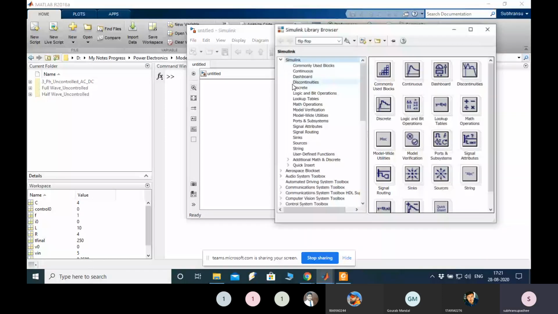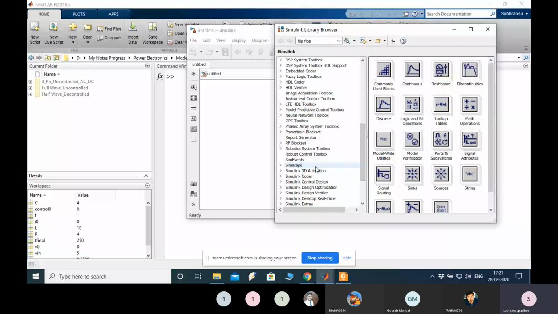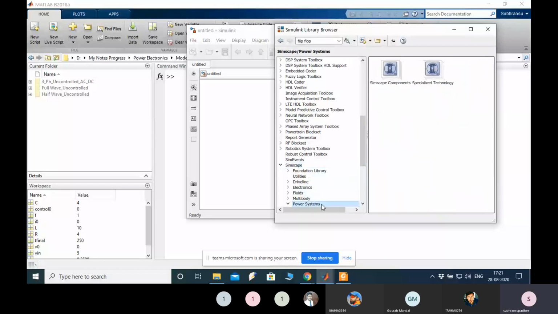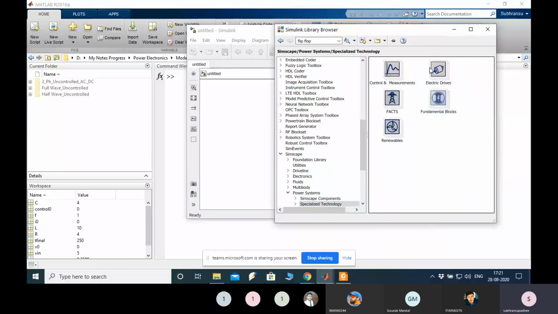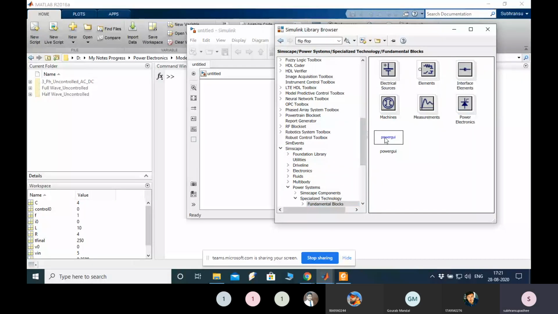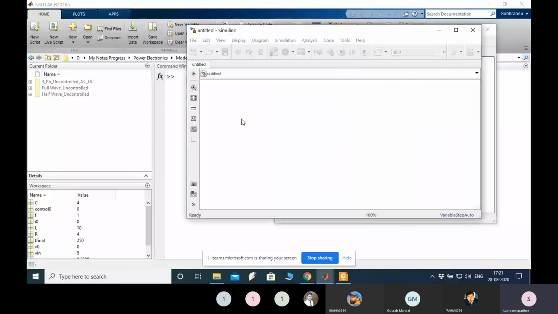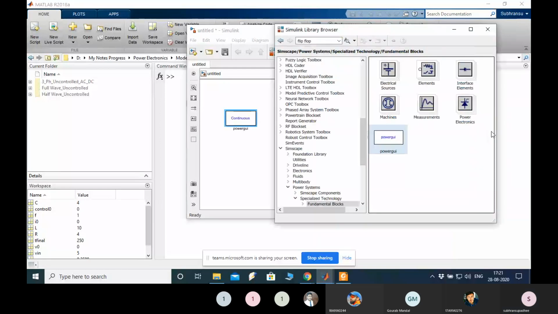Go to Simscape, then Power system, Specialized technology, Fundamental blocks. The first block is the Power GUI. Then go to the sources.